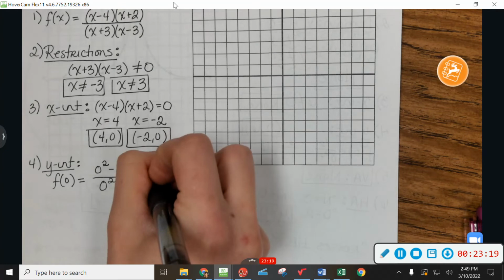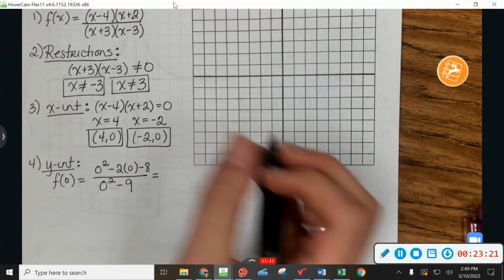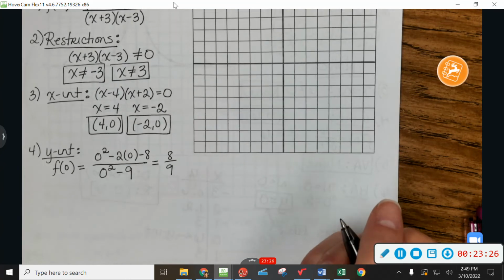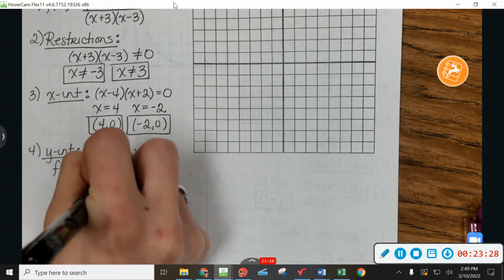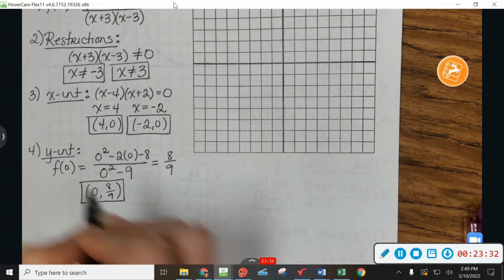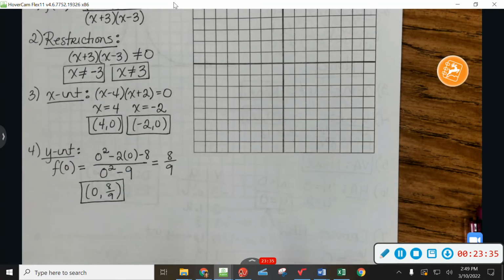Well, that's going to leave me with negative 8 over negative 9, which is just a positive 8 over 9. So my y-intercept is going to be (0, 8/9). If you wanted to express that as a decimal, that's fine. Or you can do it as a fraction.